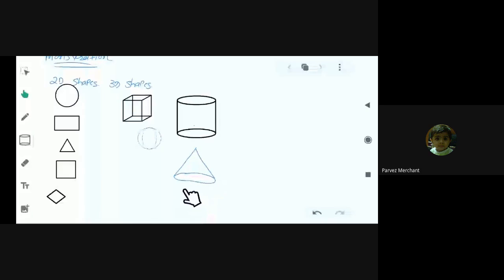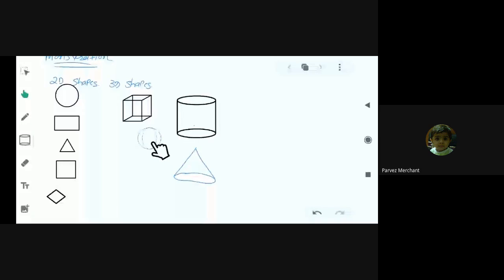In the cone, you can see the bottom portion is circular. Its length and breadth are equal, and it has height.